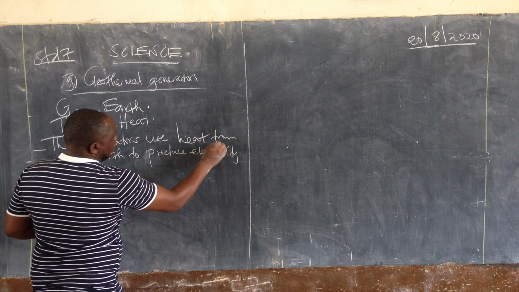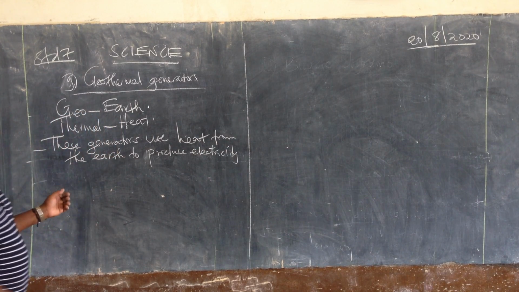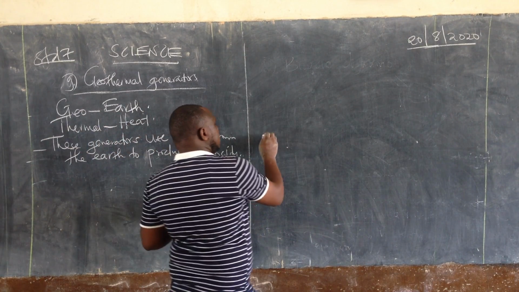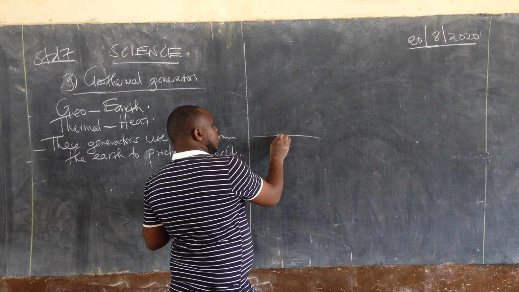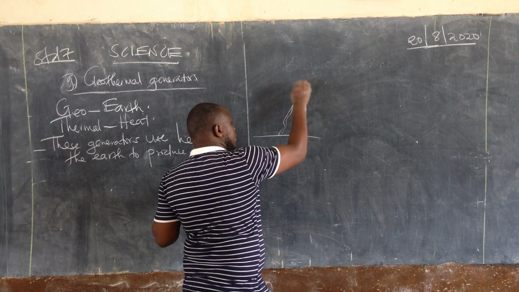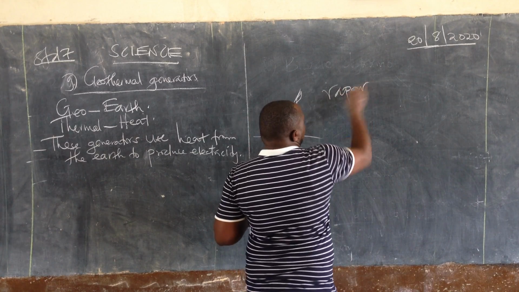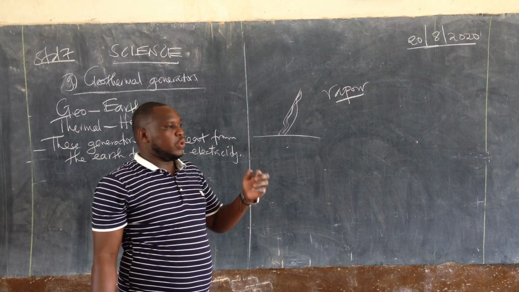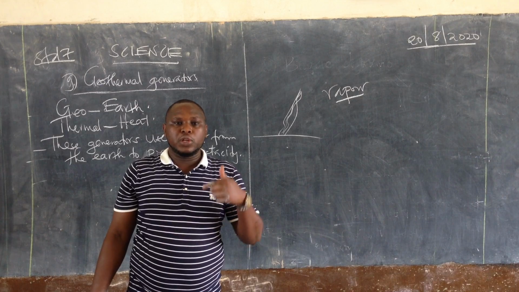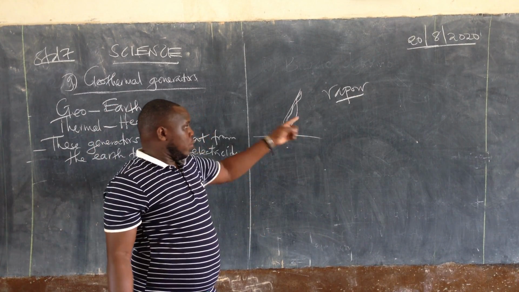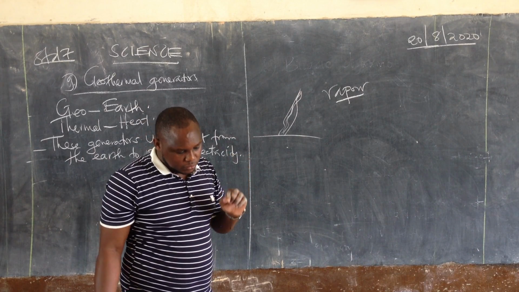So the heat, when you talk about heat, learner, talk about steam. You can't get heat without steam. So the steam comes, assuming there is steam coming from here. So you know steam is in vapor form, evaporation. When you heat something beyond liquid, it becomes gas, you continue heating, what happens is it produces vapor.